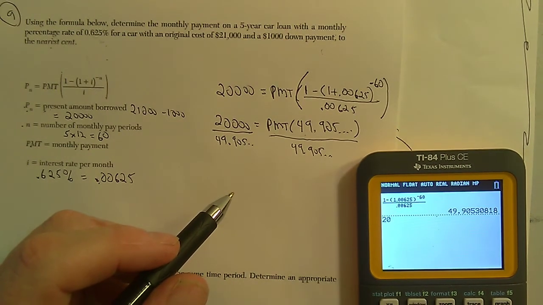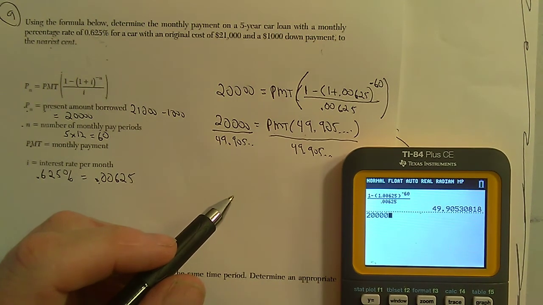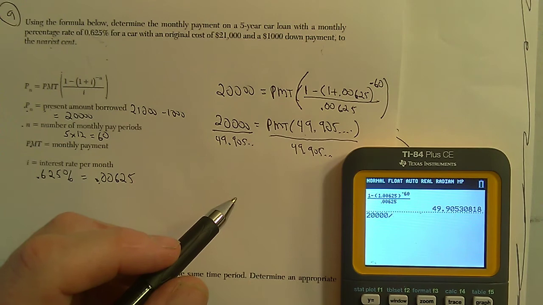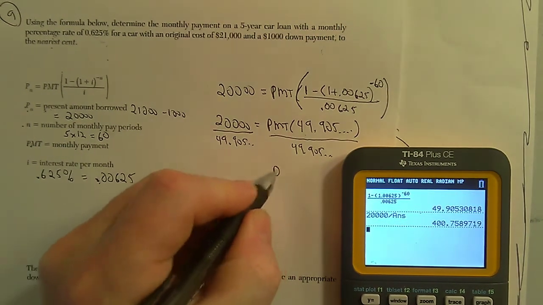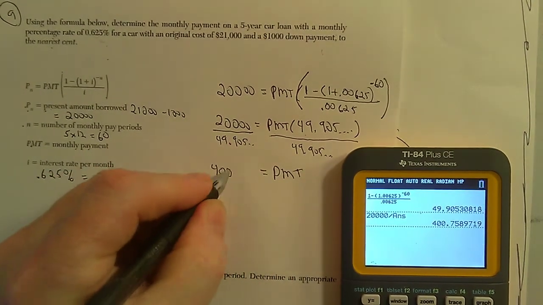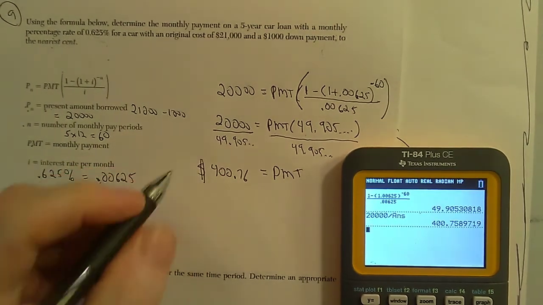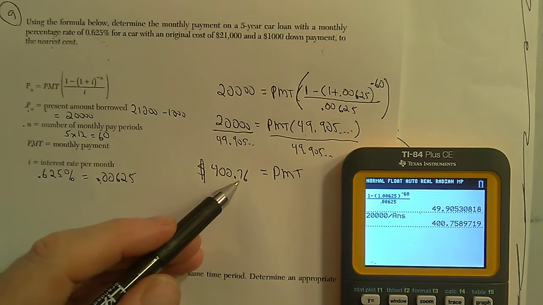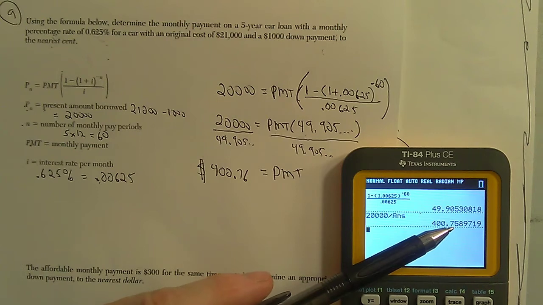So 20,000 divided by second answer, and you get a payment to the nearest cent of $400.76. Since you're rounding and you really don't owe 76 cents every month, your last payment will be a little less than this. The bank won't make you pay extra.